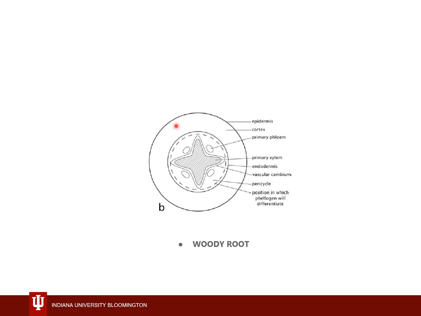A woody root, so that was an herbaceous root, and it's very similar. The distinction is similar here if we're talking about a woody root. The difference is the presence of, again, a vascular cambium, which is going to be producing the wood, and it's going to produce the xylem to the interior and phloem to the exterior, and these little guys that are appearing in here.